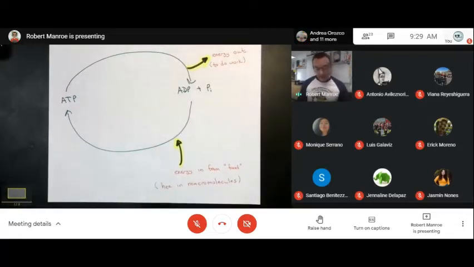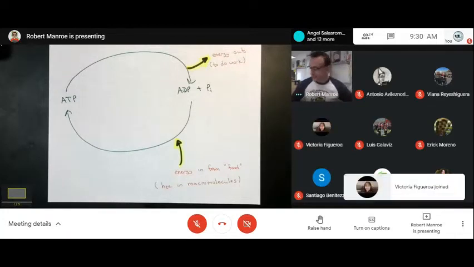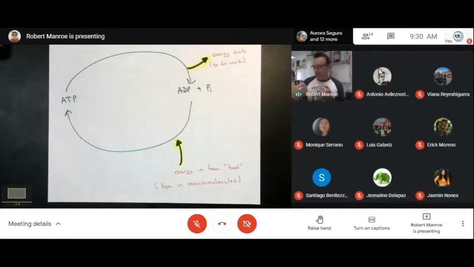This is why if you don't eat, you starve to death. You actually run out of energy. Cycles back and forth. Energy then goes in. That powers the phosphorylation of ADP and P, and you're back to where you started. Cool?